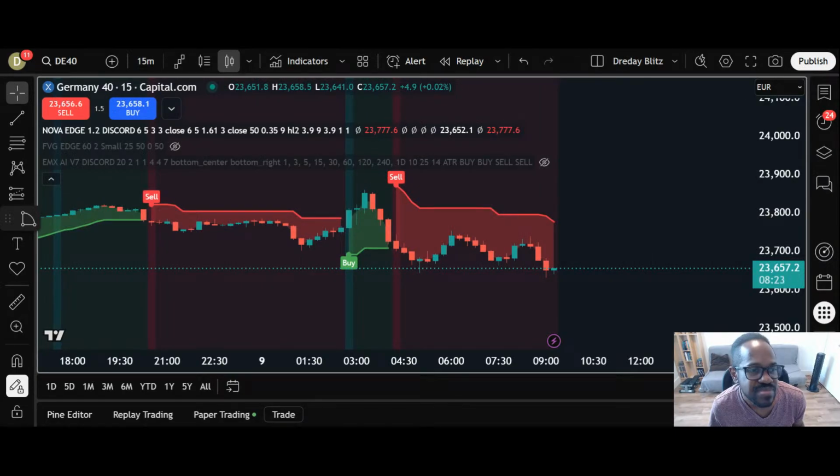And finally, we have the TradingView indicators. First we have Nova.